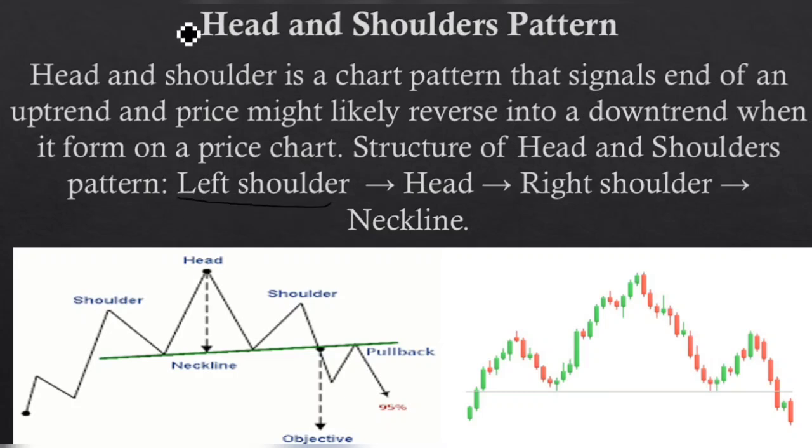Remember, in head and shoulder we have two types of head and shoulder. We have the bullish and the bearish head and shoulder, right? Now this is for the bearish head and shoulder, right? So it forms a shoulder and it forms a head and it likewise forms a right shoulder, and we have the neckline, right? These are the things that we need to look out for.